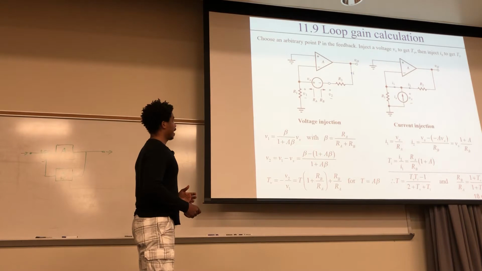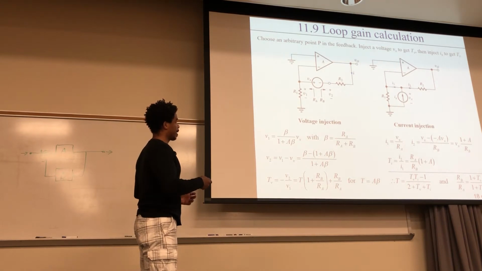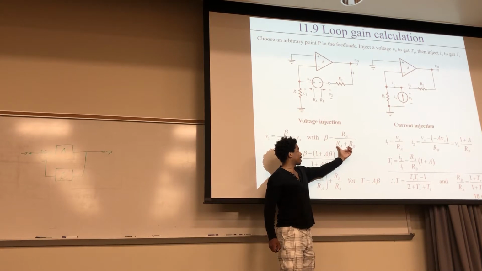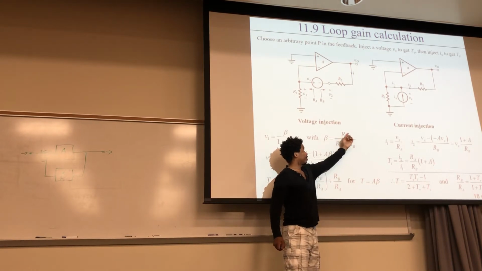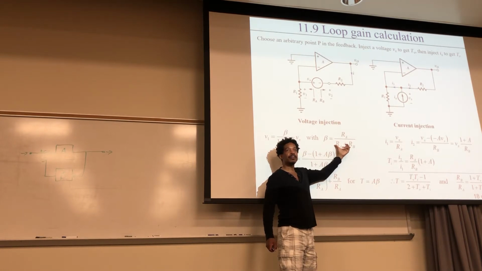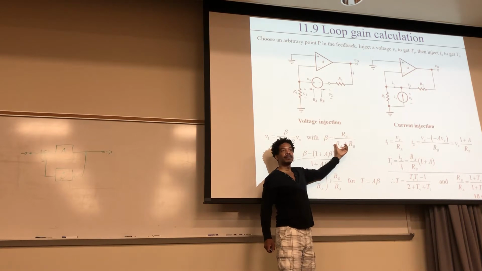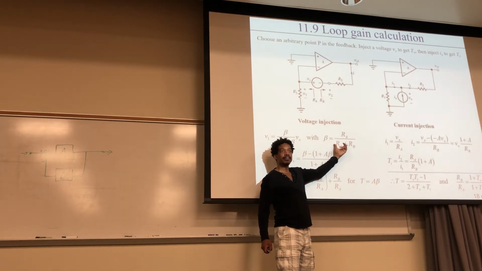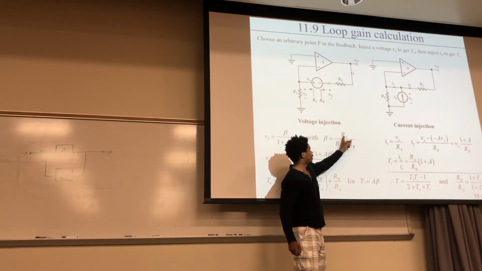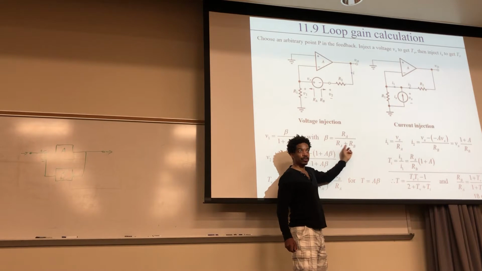Okay, and this is your feedback. This type of beta happens a lot. Can you guys recognize where this comes from? It's like voltage division. You guys see that? It's like the voltage that you're looking over divided by the total voltage you're going through.